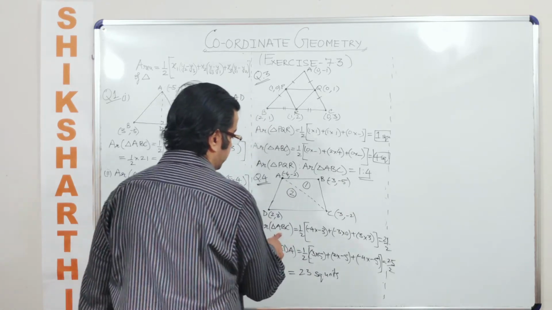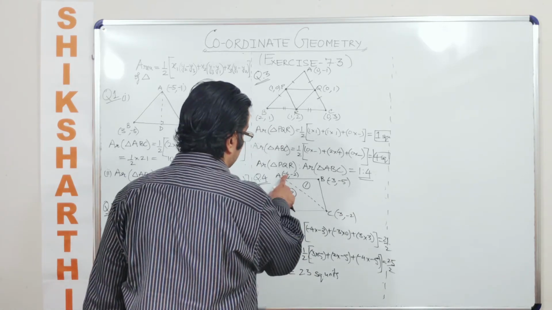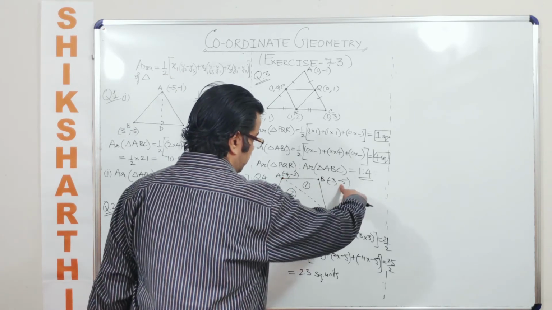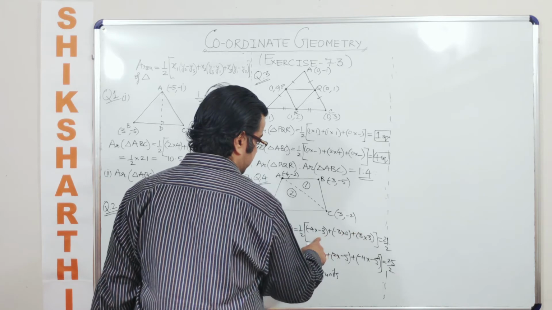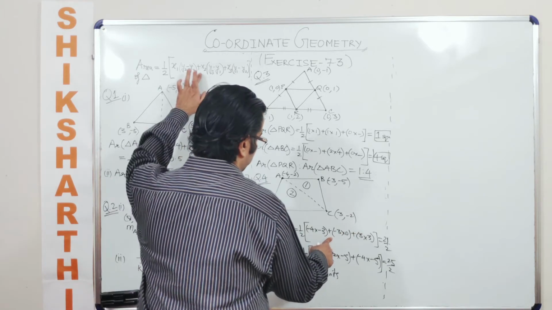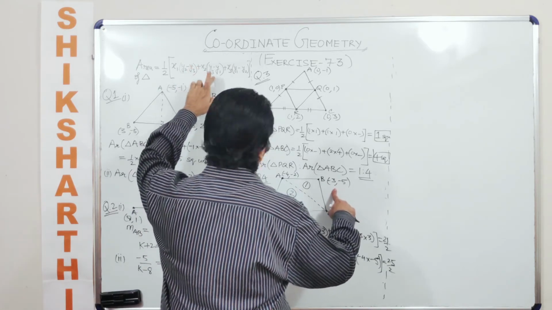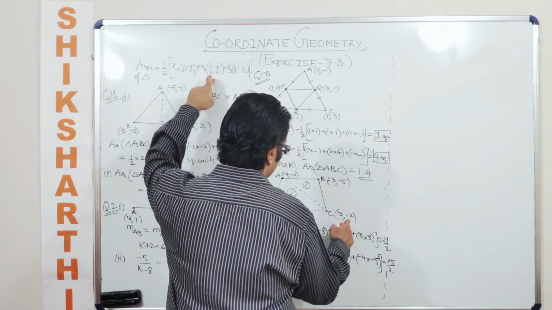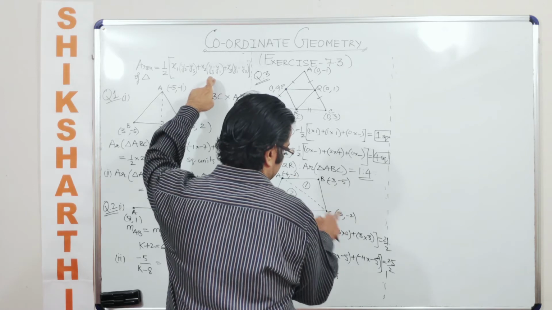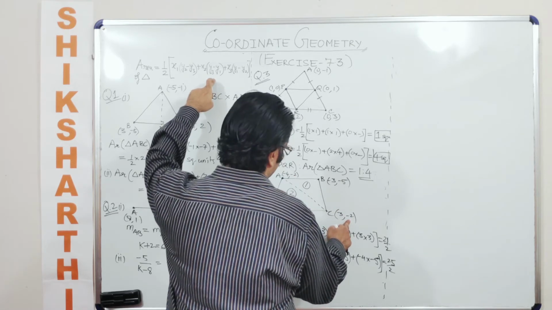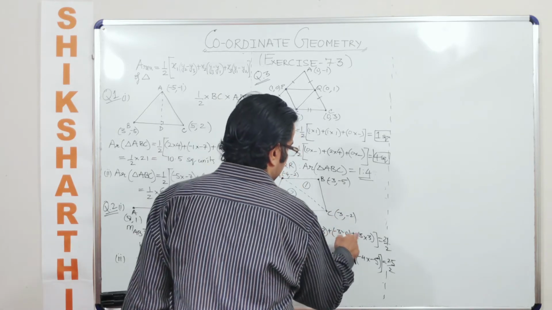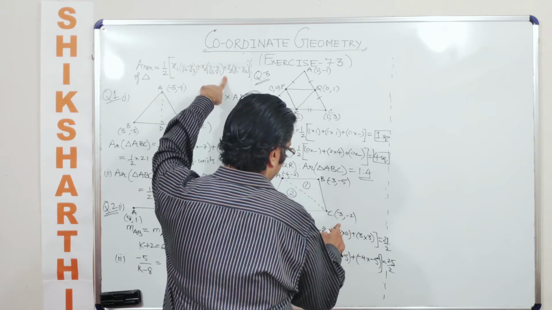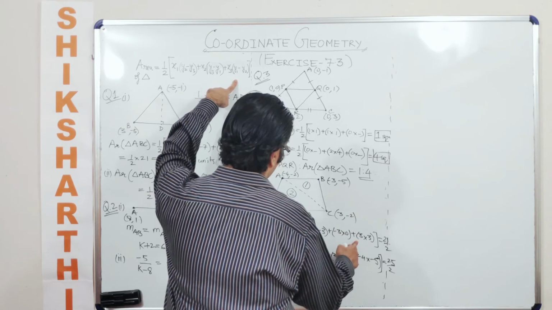So when I'm talking about the area of the triangle ABC, this is half of x1, which is -4, into y2 minus y3. y2 minus y3 is -3, plus x2, what is the value of x2 here? -3, into y3 minus y1. Now y3 minus y1 is 0, okay, and the last thing here was x3, which is 3, into y1 minus y2.